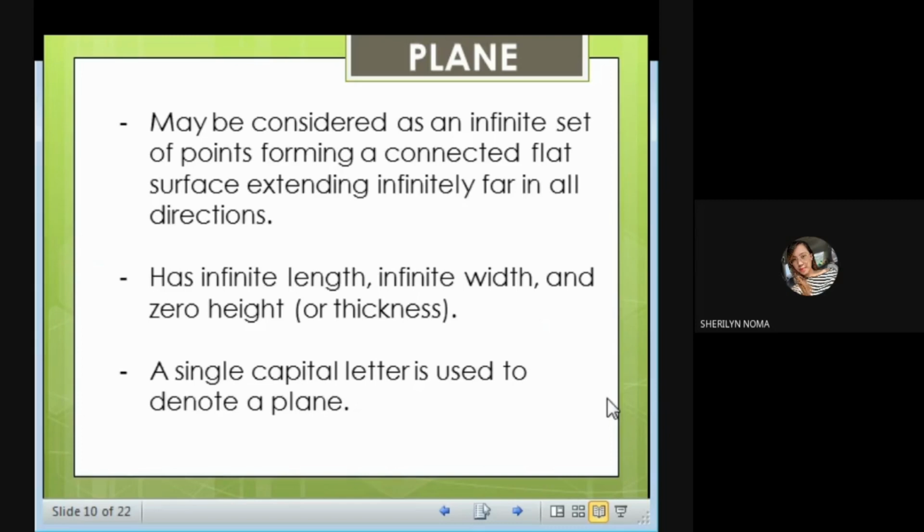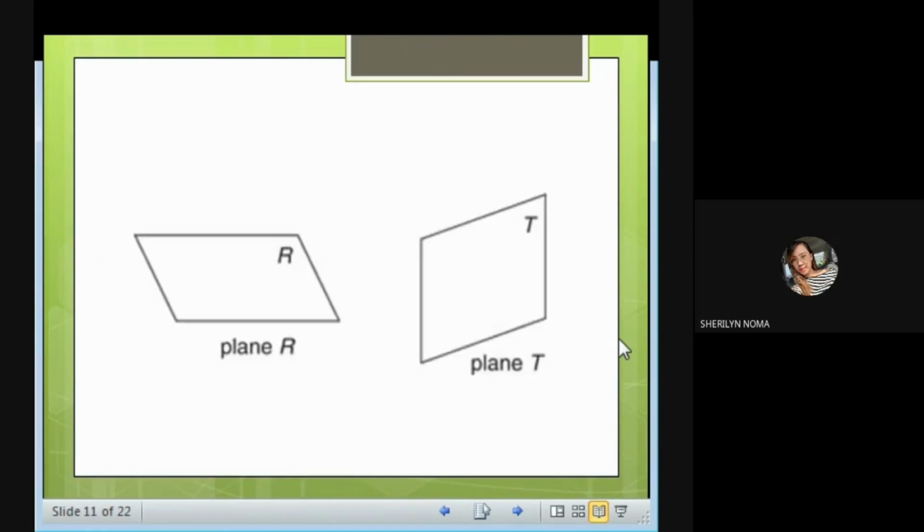The word plane is written with the letter so as not to be confused with the point. It is very important to note that the plane does not have any thickness. You label a plane simply with one capital letter or by naming three non-collinear points on the plane. These are the examples of plane, the plane R and plane P.